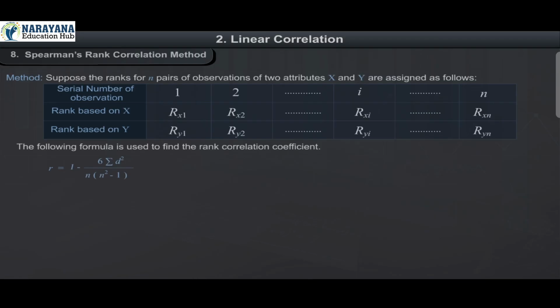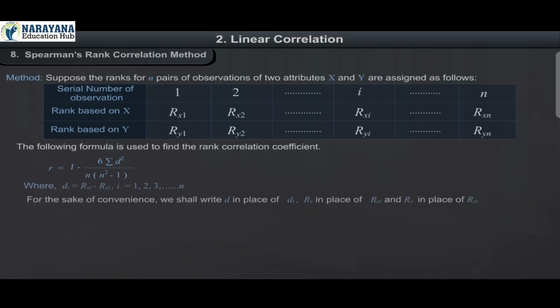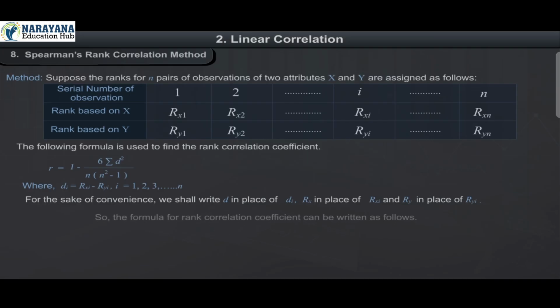R is equal to 1 minus 6 sigma d square divided by n into n square minus 1, where di is equal to rxi minus ryi, i is equal to 1, 2, 3 up to n. For the sake of convenience, we shall write d in place of di, rx in place of rxi and ry in place of ryi.